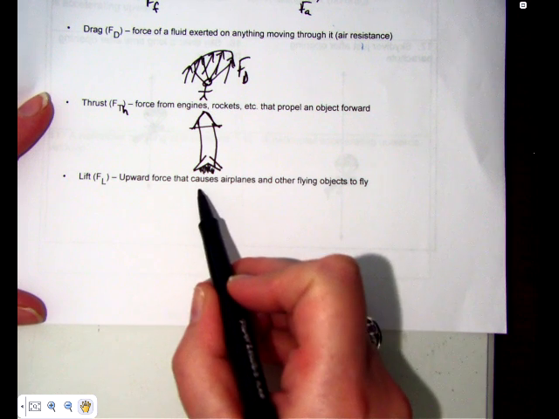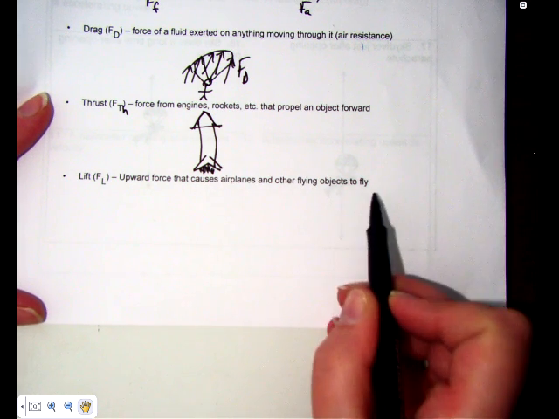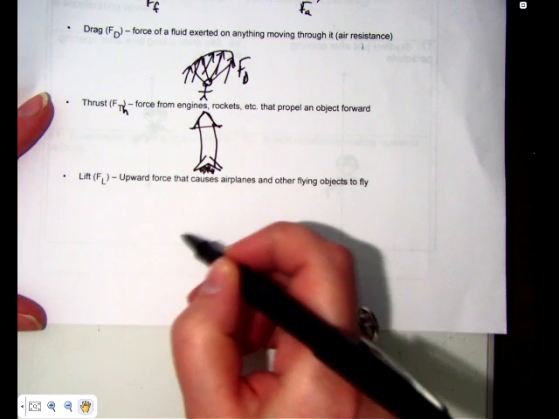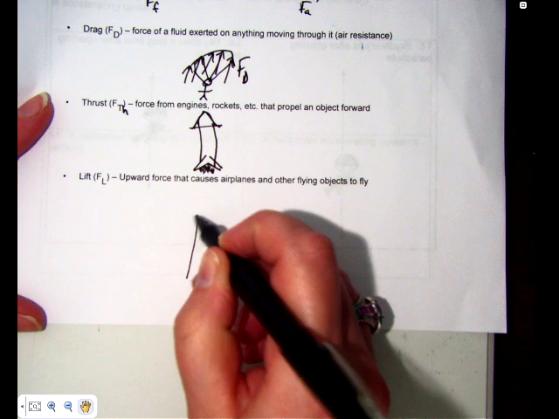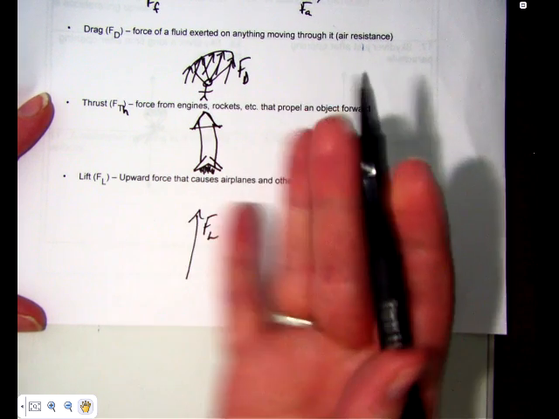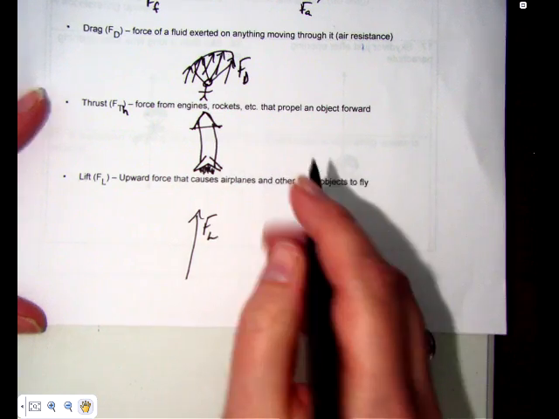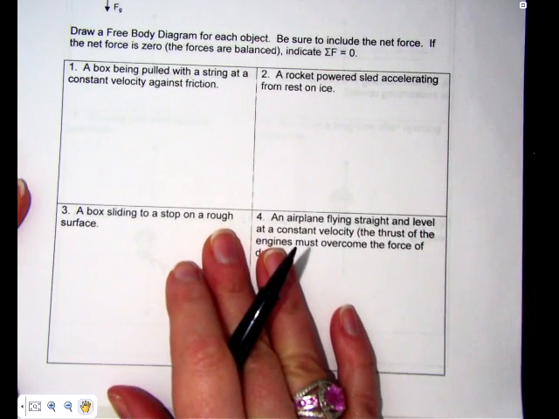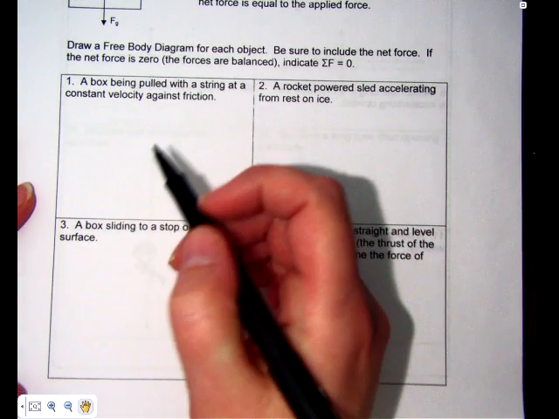It's the upward force that causes airplanes and other flying objects to fly. So your airplane has a lift, F sub L, that holds it up above the ground. Alright, so those are the ones we'll be using, and I promise I won't draw anymore. I'll just stick to my stick figures.